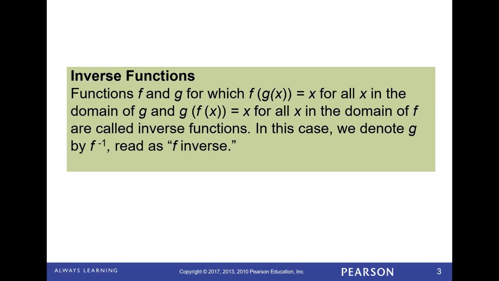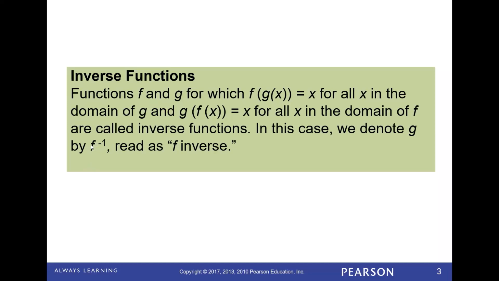In this case, we would denote one of them, say g, as f inverse. Now that little -1 on the function is not an exponent. It's literally a notation to talk about it being an inverse, because f is not a variable. It is the name of a function.